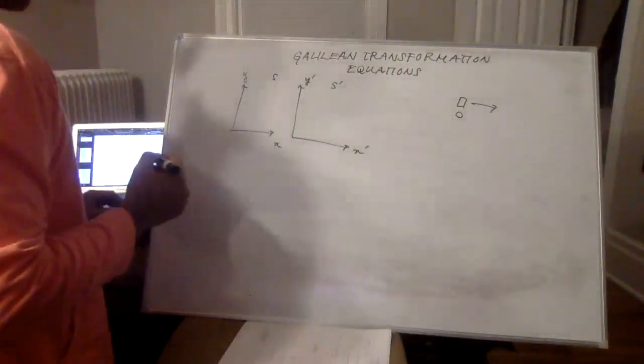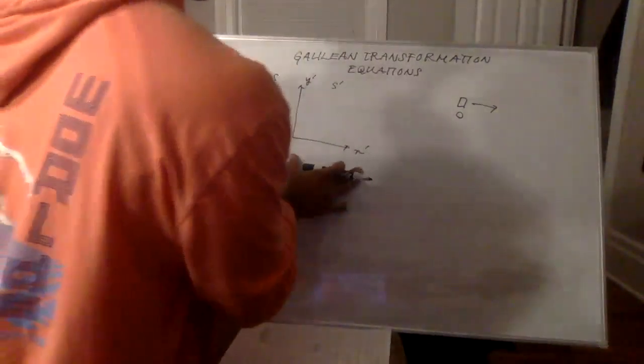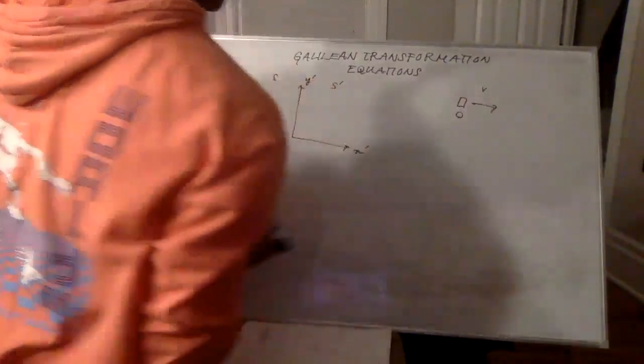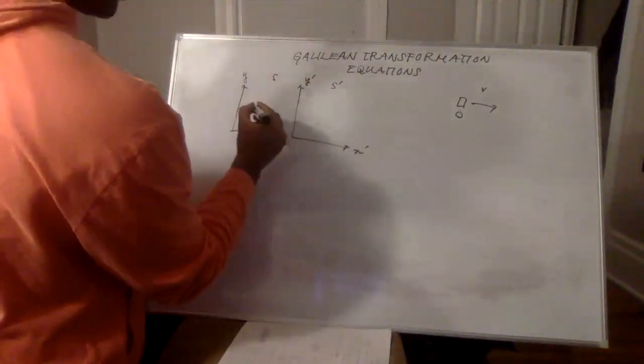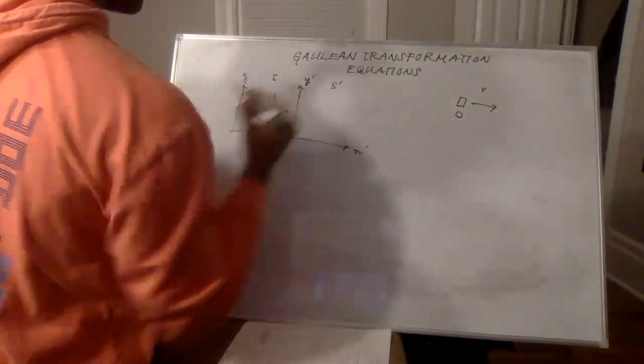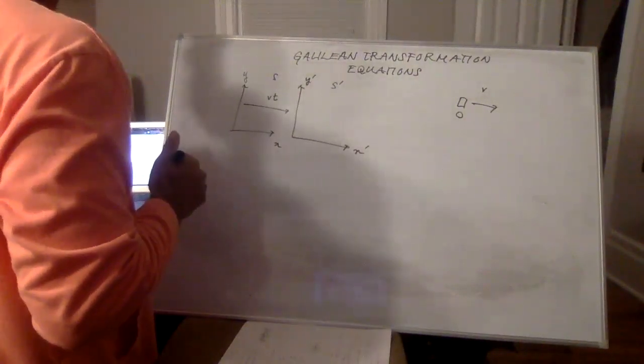So if this moving reference frame is moving at a velocity v, the distance between these two will be vt, because distance equals velocity times time.